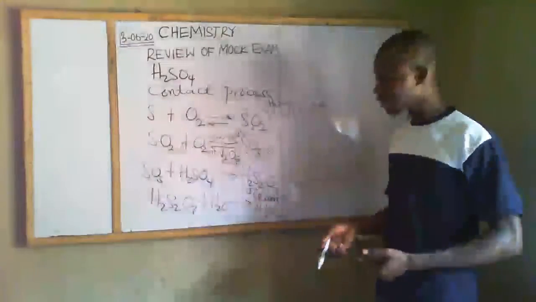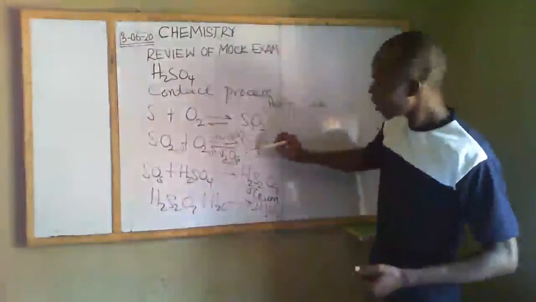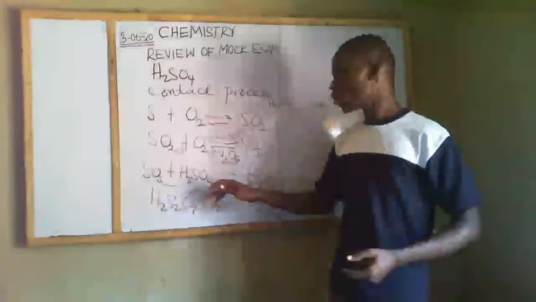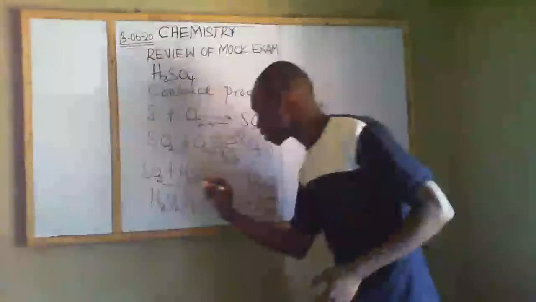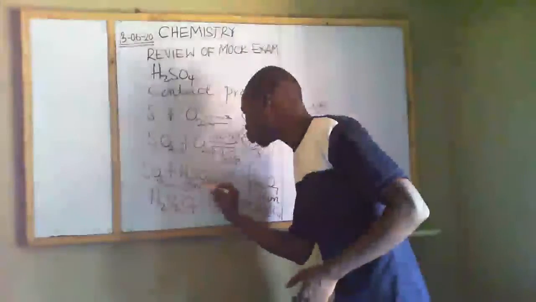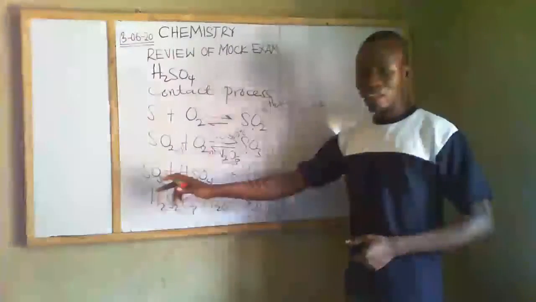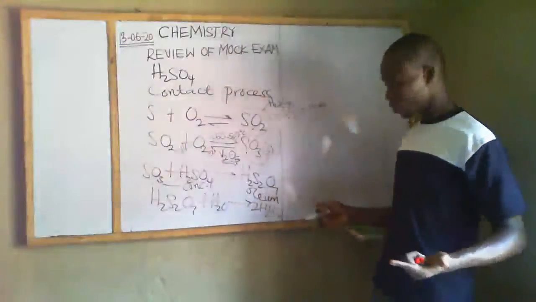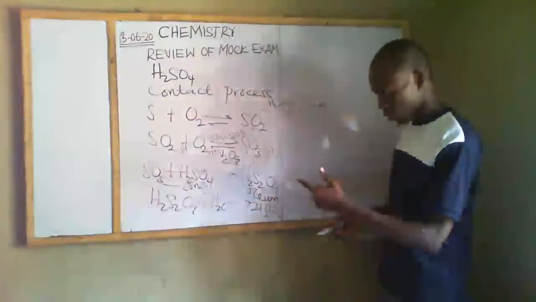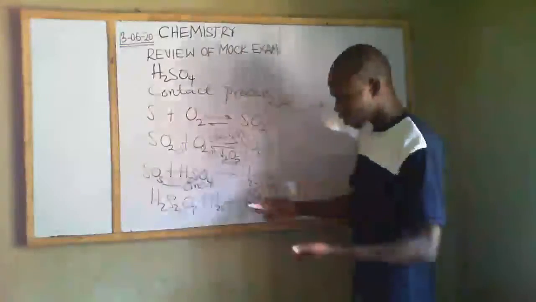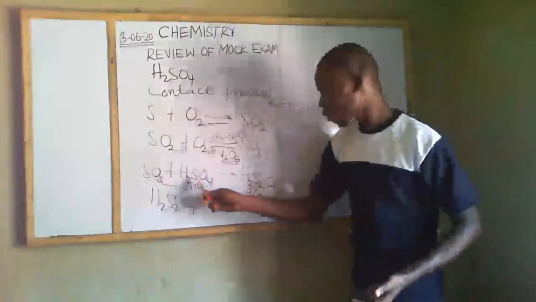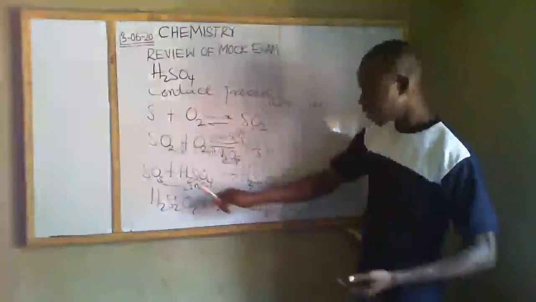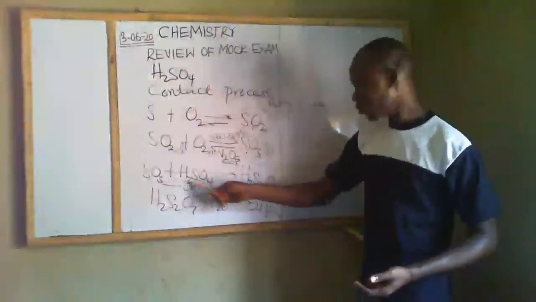Then sulfur 6 oxide will proceed. Concentrated H2SO4, mind it, concentrated H2SO4 will be added to this, and this one becomes oleum. If you want to check, let us ensure the equation is balanced. If you look at this, we have 2 sulfur here, you can see S2. Hydrogen, we have 2 hydrogen atoms here. Then oxygen, 3 plus 4 to give us 7.